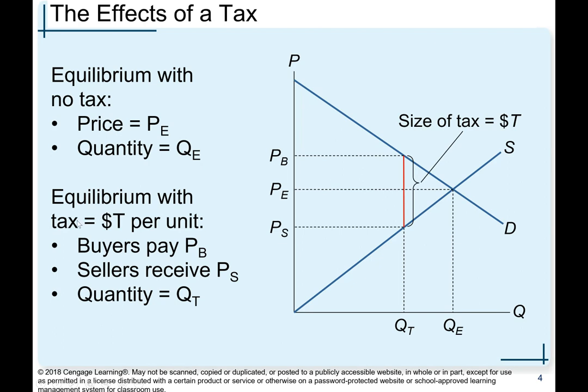So equilibrium with tax: buyers now pay price PB and sellers receive PS from the original PE. PE was the equilibrium price before the tax. After the tax, the buyer pays more, PB, the seller receives less, PS, and the quantity sold in the market is reduced from QE to QT.